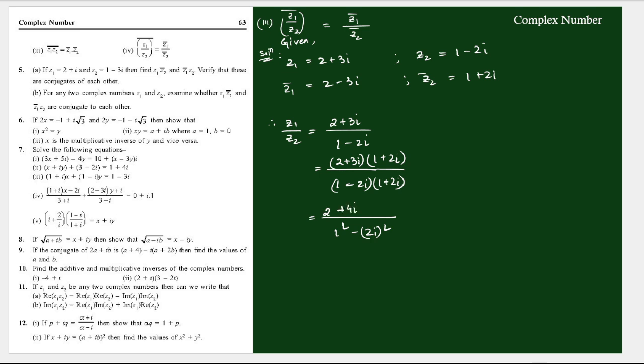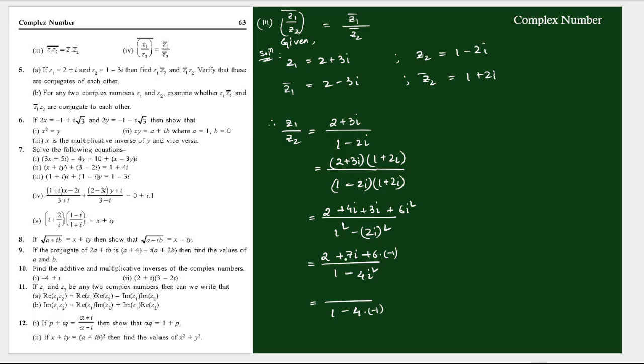Plus 4i plus 3i into 1 is 3i plus 6i square. So this will be 1 minus 4i square. So 2 plus 7i plus 6 into minus 1. So this will be 1 minus 4 into minus 1.